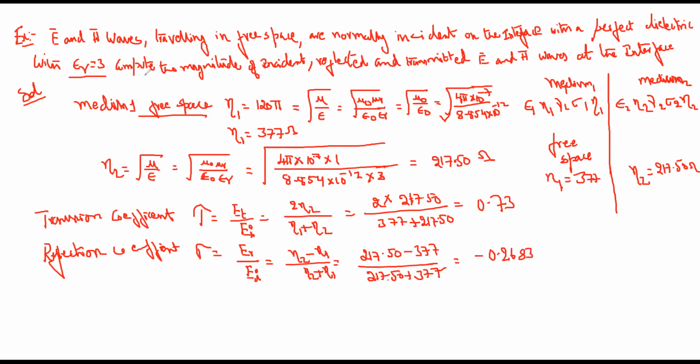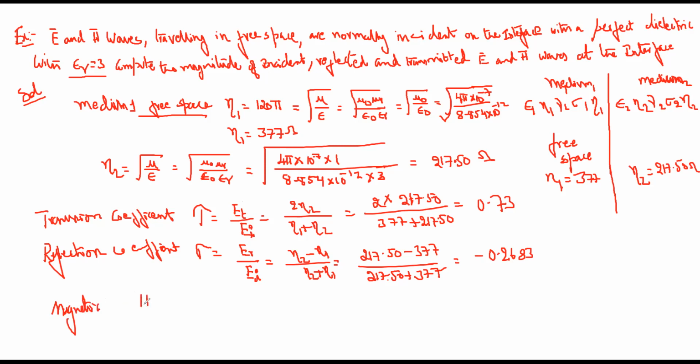We got the ratio. To compute the magnitudes of incident, reflected and transmitted, the ratio ET by EI or ER by EI is the ratio of the E waves at the interface. Similarly, for the magnetic field, we find the magnetic field ratio of the magnitudes.